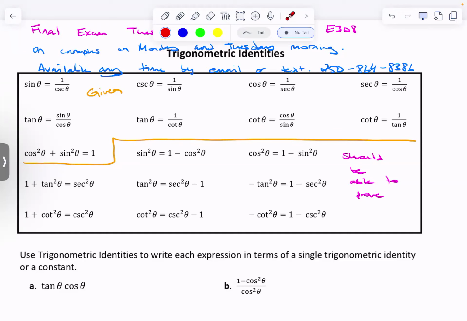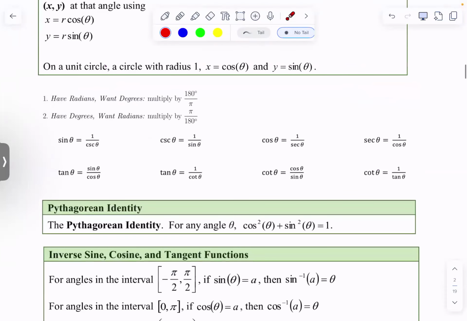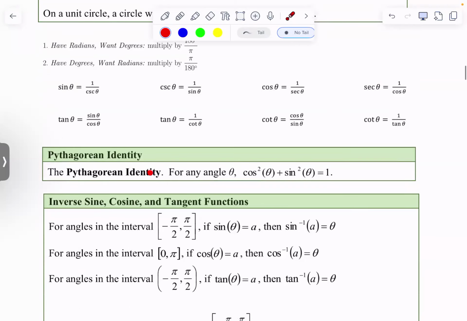Now what you'll see on your formula sheet, which I've got pasted here, I've got just the top 2 rows for you on your formula sheet. And so you'll be given those, and then the Pythagorean identity is so important that I give it to you in a little box. Okay, cos squared plus sine squared is 1.